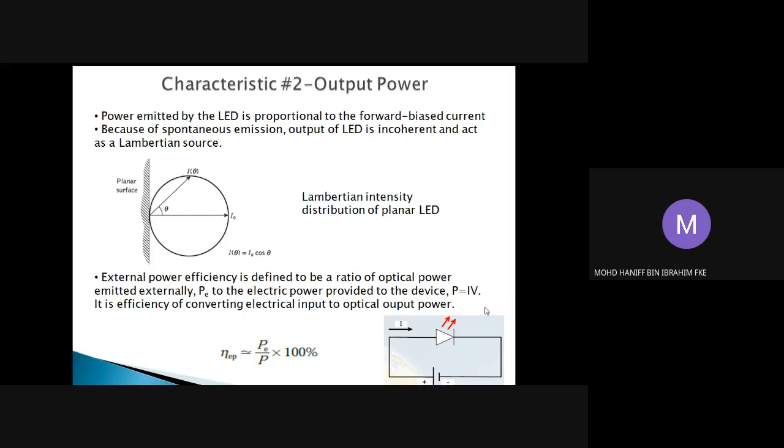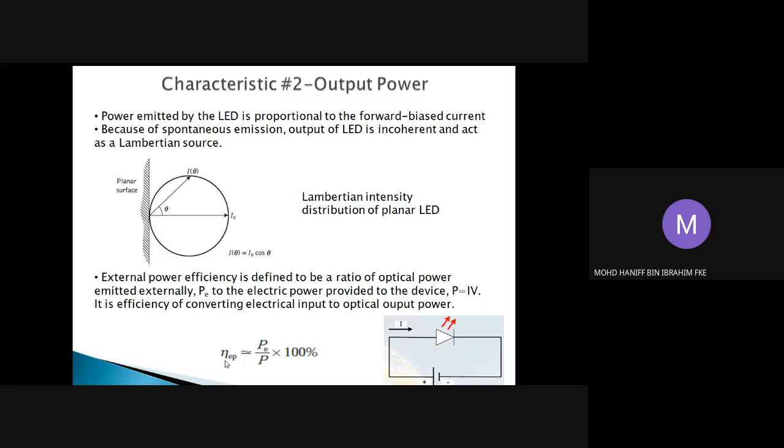Or you can say that P equals IV. I is the forward bias current, and V is the potential difference applied to the LED. So that is P, the electric power provided to the device, whereas PE is the optical power emitted by the LED.